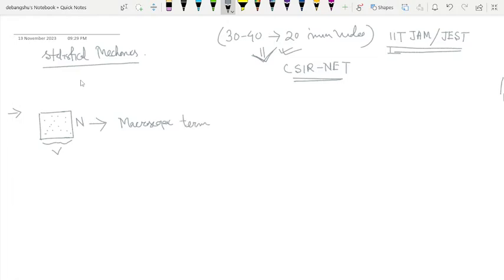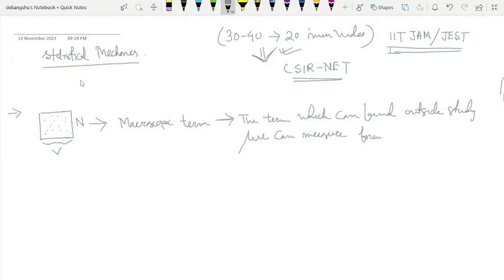In tomorrow's video, I will explain what a macroscopic term is. But for today I can tell you that it is a term which we can measure from the outside point of view.